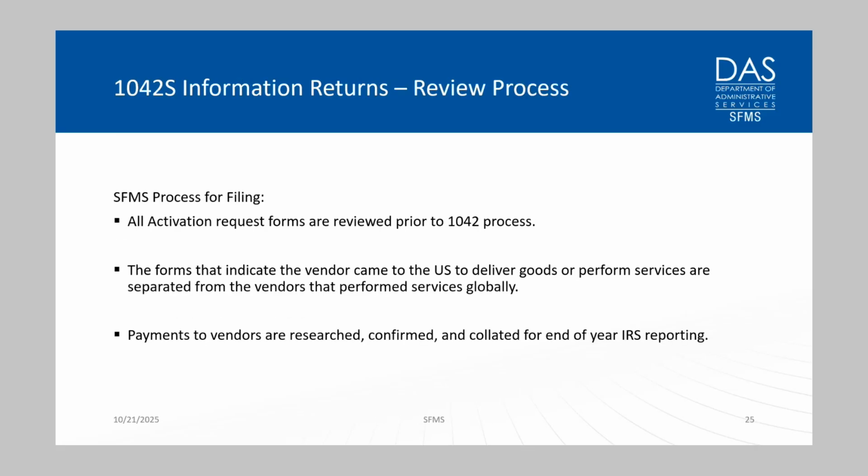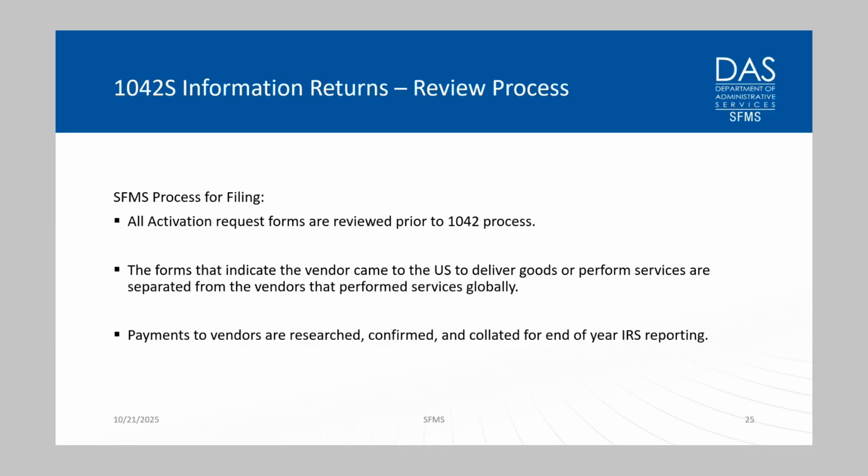The 1042-S information return is an incredibly manual process. All activation and request forms are reviewed prior to the 1042 processing. For the full calendar year, we're saving up those forms and doing a final review, making sure we've hit everybody that has been reported for services within the U.S. It's within the U.S. where they become eligible for that 1042.